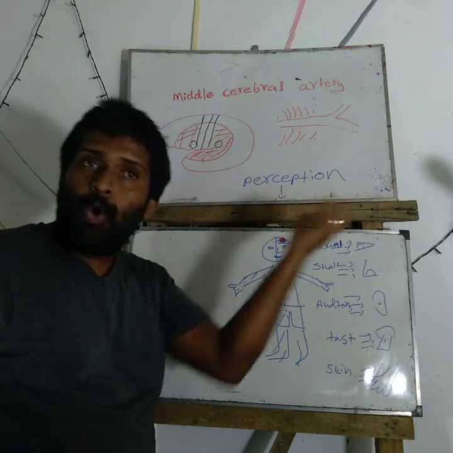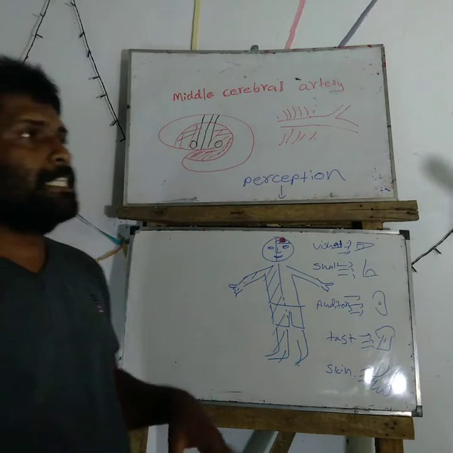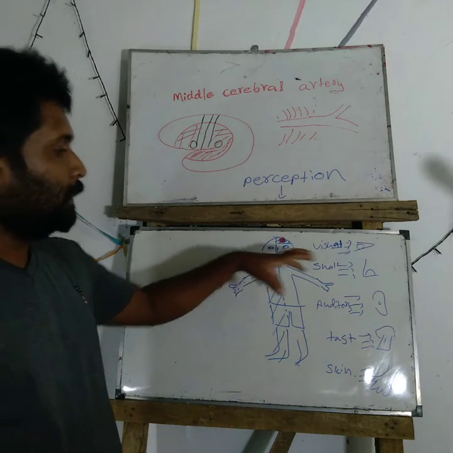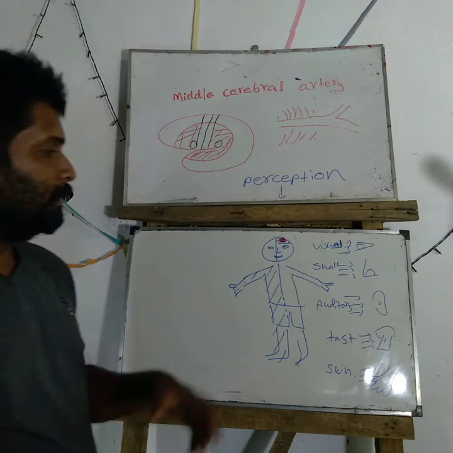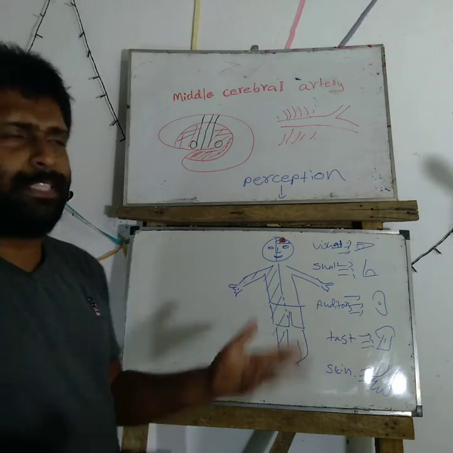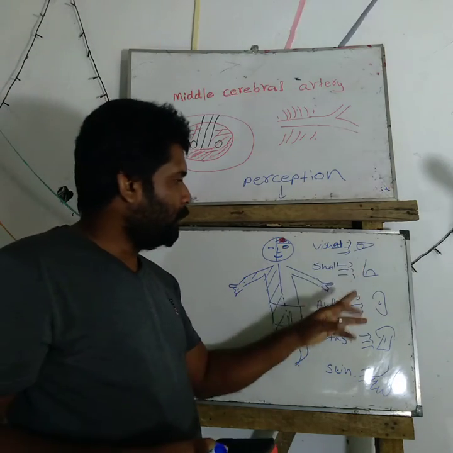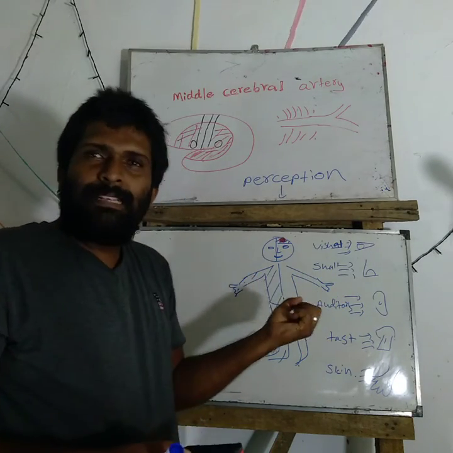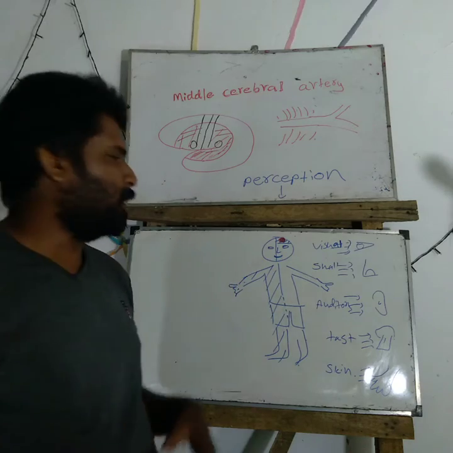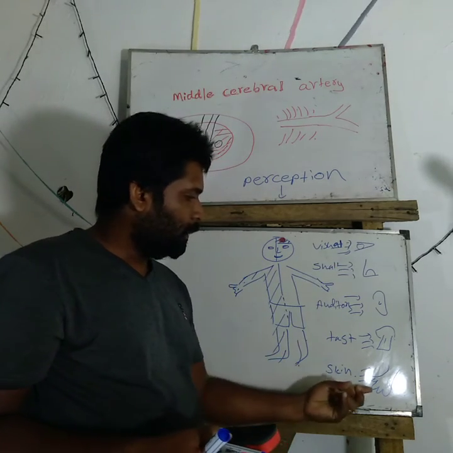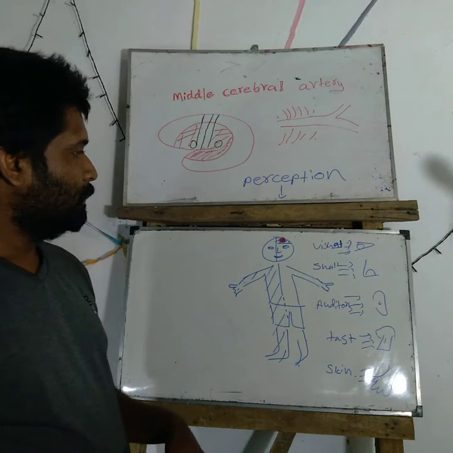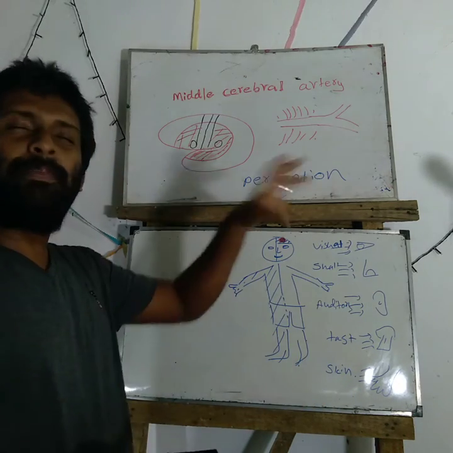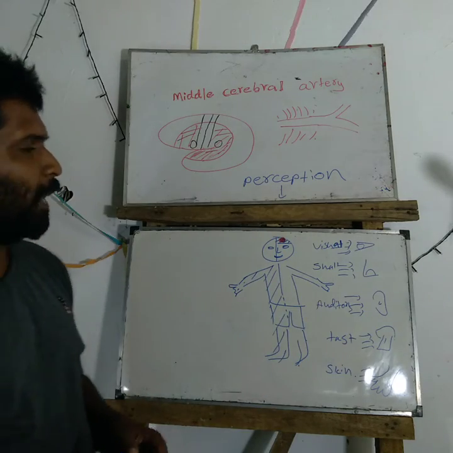Then auditory sound, gathering sound, speech production, taste, several tastes. Nasal, some form of smell, the sweet smell, rose smell, a lot of smells. Tactile: it can identify temperature, vibration, and pain.